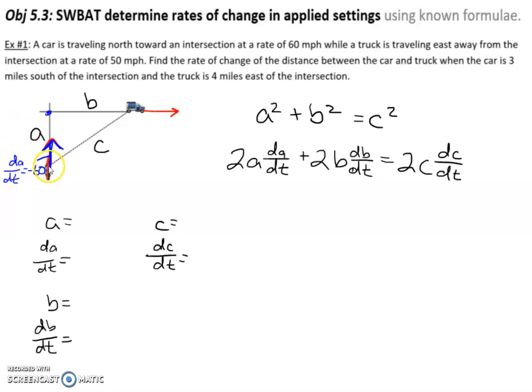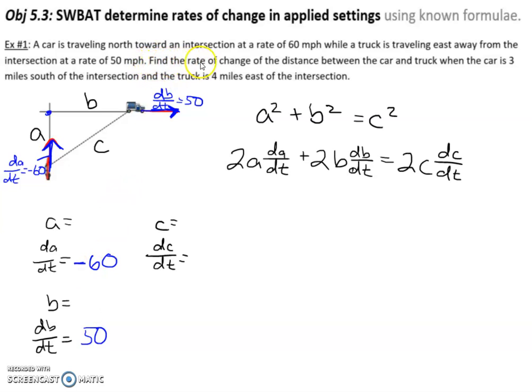And I said negative because this distance is getting smaller. So dA dt is negative 60. Then they said that the truck is traveling away at a rate of 50 miles per hour. So this is going to be how b is changing. So this is dB dt. And this is positive 50 because the distance of b is getting bigger in this case.